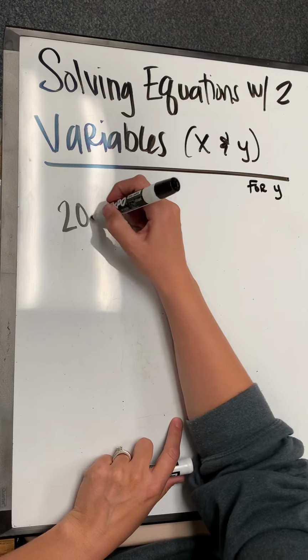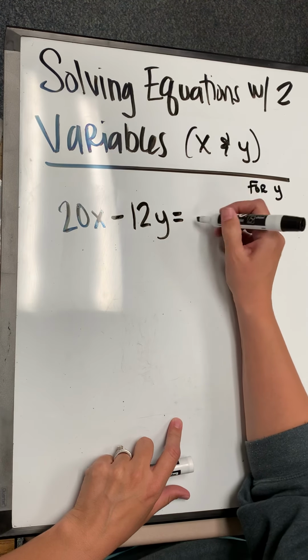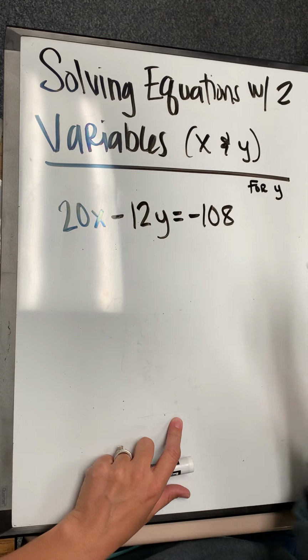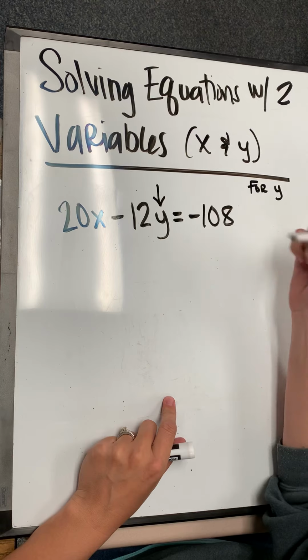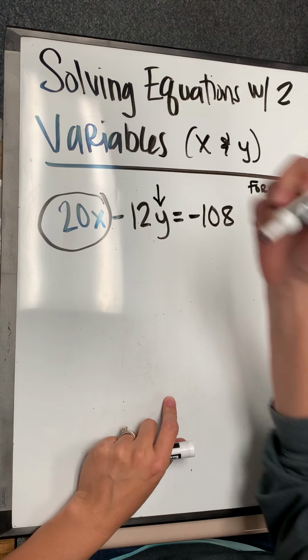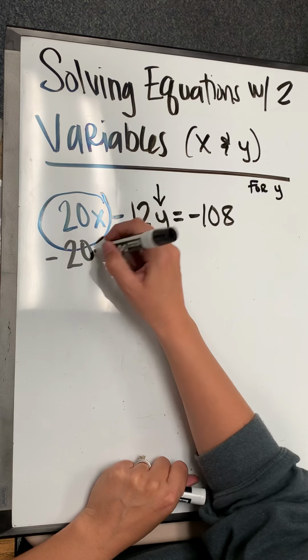So if we have 20x minus 12y is equal to negative 108. Same thing, I'm trying to solve for my y. So whatever term is not with my y, I need to get rid of that first. I'm gonna do the opposite of it.